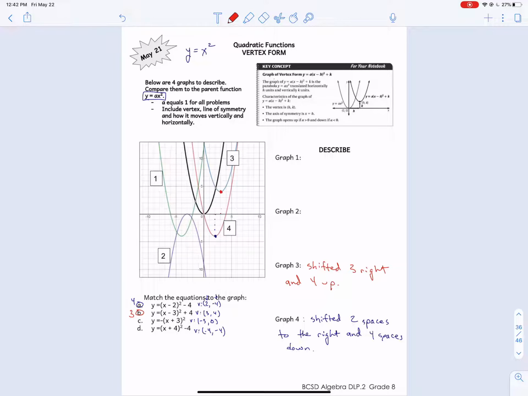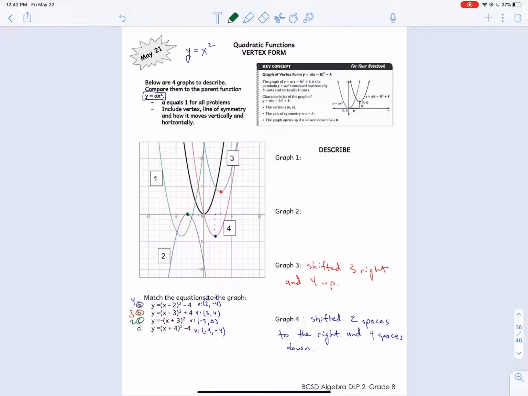Okay, and then the next one, probably should choose the same color as the graph, but that's okay. Negative 3, comma 0. Okay, so that's graph 2. So how did that one change? Lots of things there.